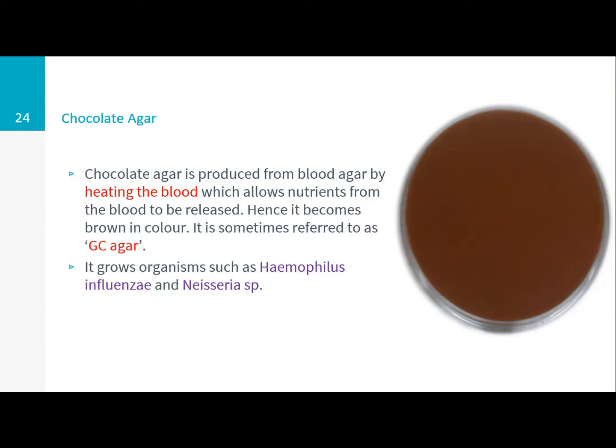So you have some organisms which would prefer for that to be the immediate environment so that growth can occur. All right. So just remember, it's actually a blood agar that is heated and it gets this chocolatey appearance. And that is why it's deemed chocolate agar, also referred to as GC agar. And we see that particular organisms such as the Haemophilus influenzae and the Neisseria species, they grow there. Okay, so just remember that.